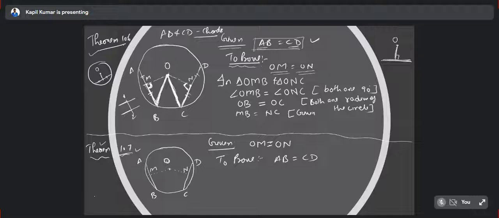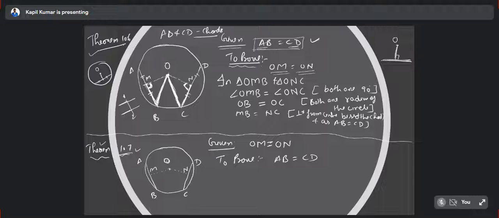So in this data we can simply write that it is given, but writing given is not enough. We can quote the statement of 10.3. Here we should quote the statement: perpendicular from center bisects the chord, and as AB is equal to CD.